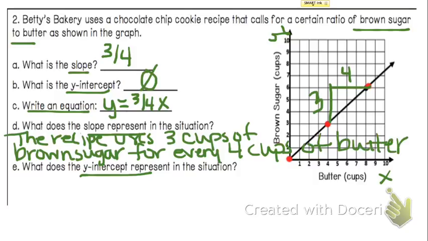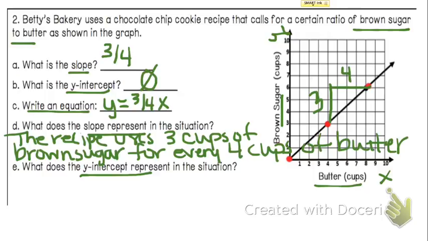And the reason I read that is I know that 3 is my y, and my y is brown sugar, and 4 is my x, and it's butter. So the recipe uses 3 cups of brown sugar for every 4 cups of butter.